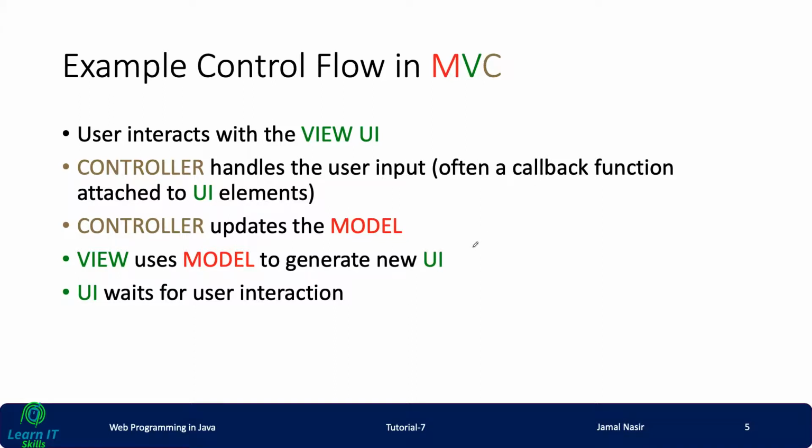So I can explain it in this way as well. Let's suppose this is an HTML form, right? Username, password, authentication form, right? So this is your view, and the user can interact with this form, right?